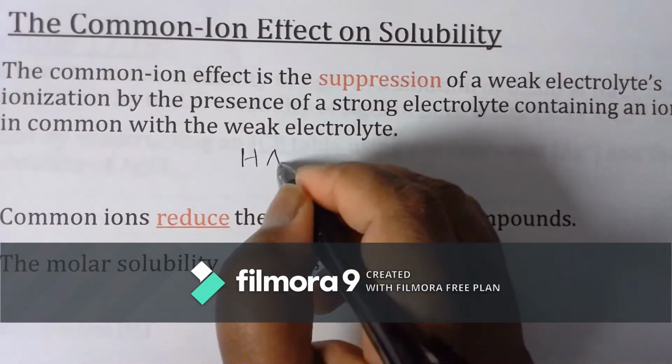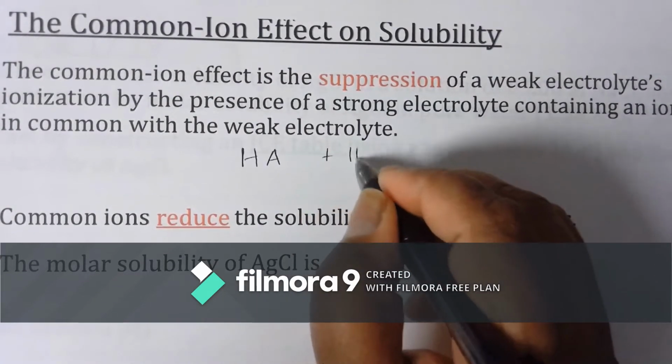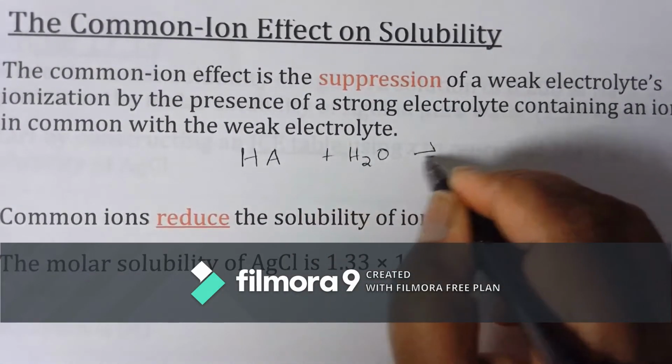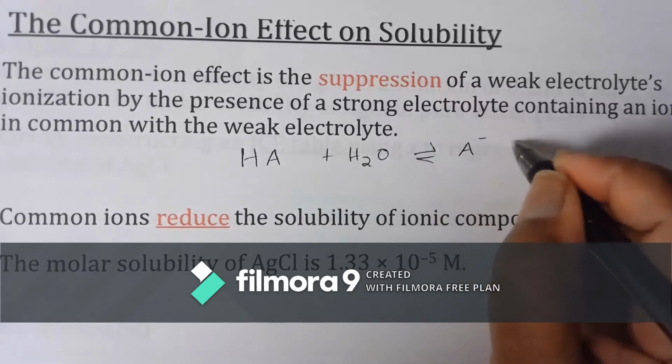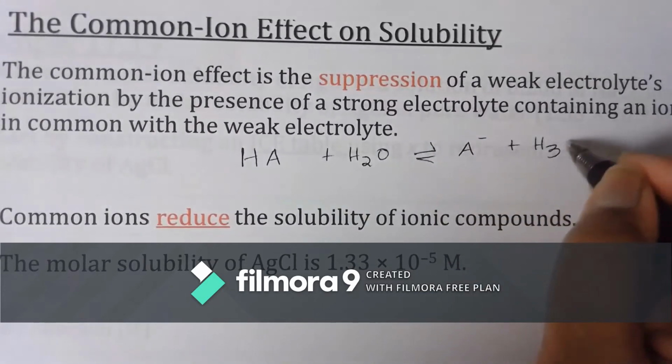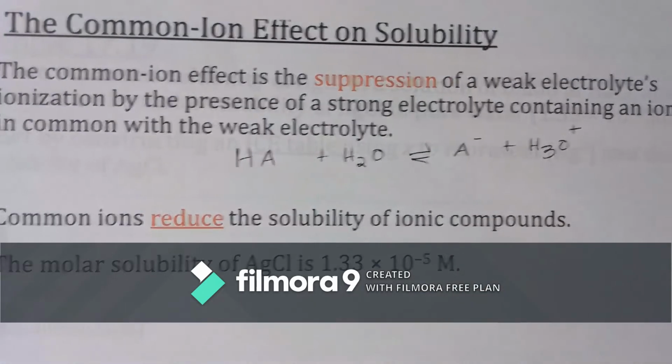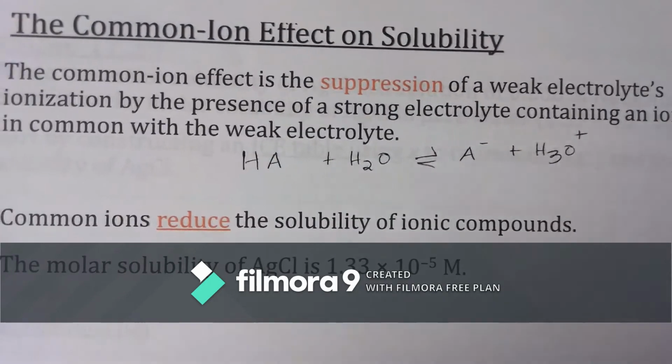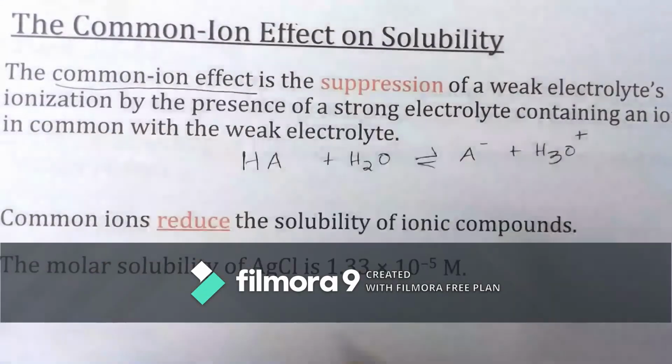If I have a weak acid, I'm going to talk to you with regard to the buffer system and what we understood at that time about the common ion effect.